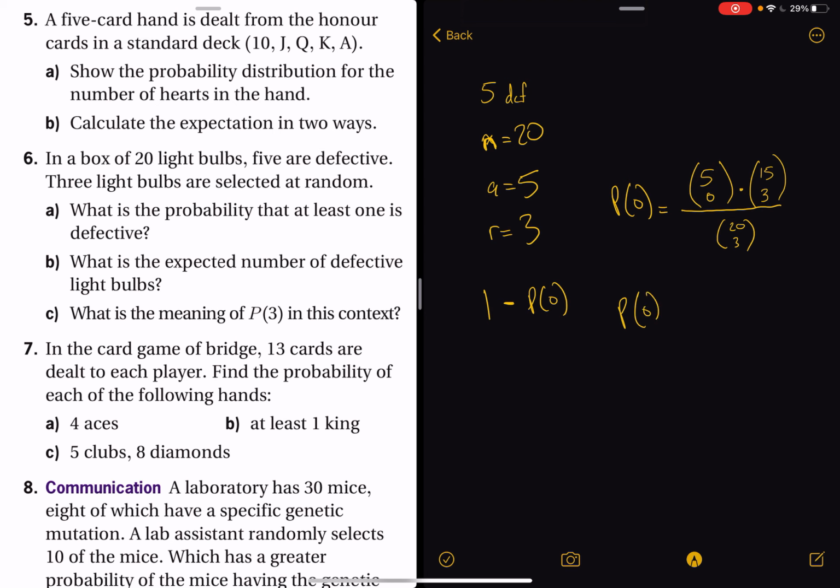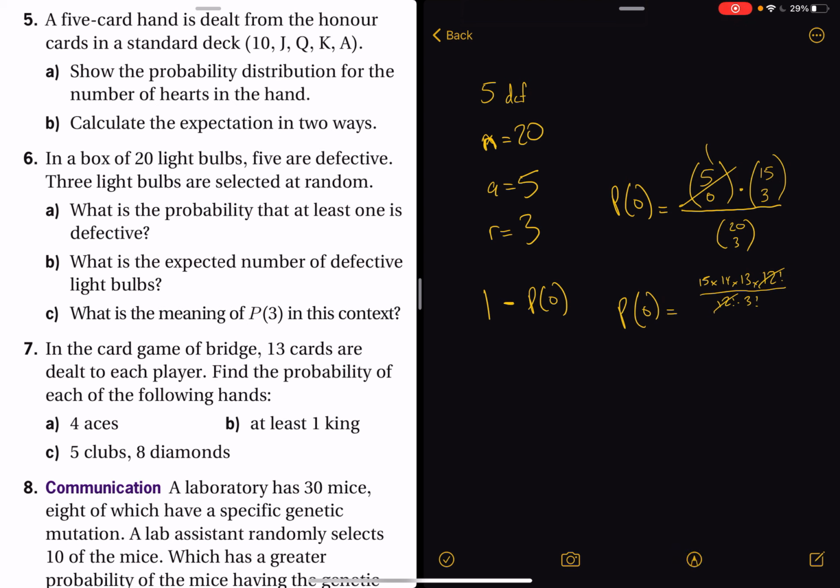P of 0 is equal to 5 choose 0, which is just 1. 15 choose 3 is 15 times 14 times 13 times 12 factorial over 15 minus 3, which is 12 factorial times 3 factorial. And we cross that out.